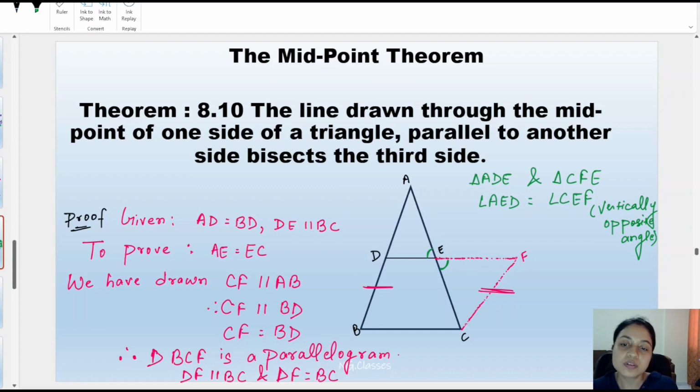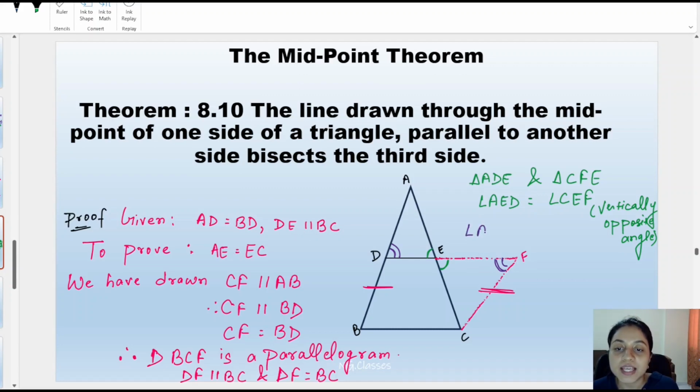Here we can also say that angle ADE must be equal to angle CFE, as these two are a pair of alternate interior angles since AB is parallel to CF.